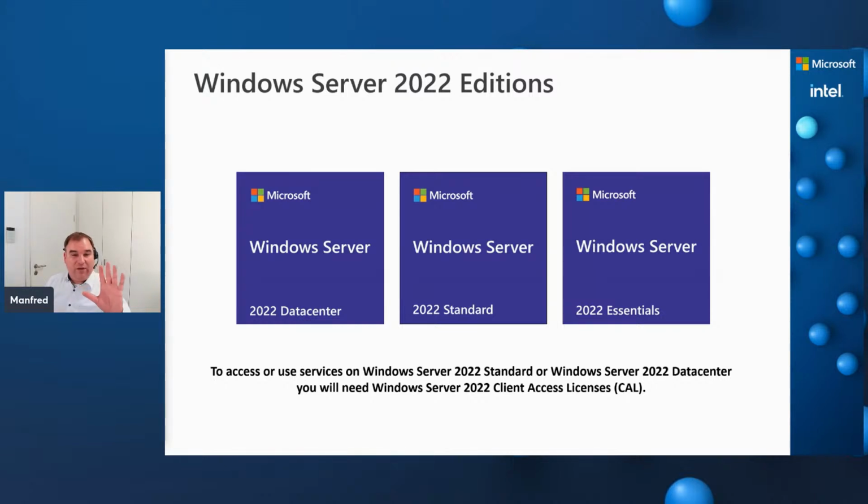There shouldn't be a violation regarding the cores, because Essentials is an OEM product that is sold together with the hardware. But for sure, it could happen that the customer accesses the Essentials server with more users, or maybe a customer runs more virtual machines.